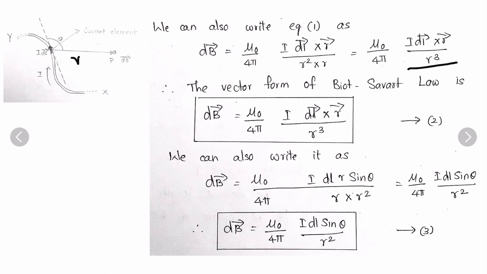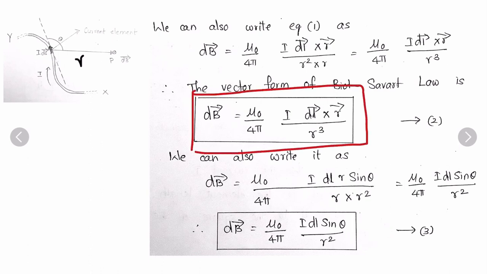Therefore, we can write the vector form of Biot-Savart's law: mu 0 by 4 pi I dL bar cross R bar divided by R cube. So, this is the vector form of Biot-Savart's law.